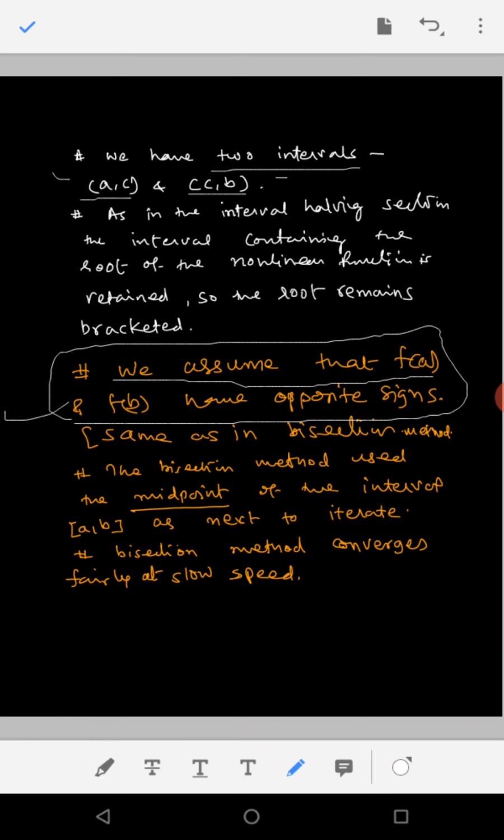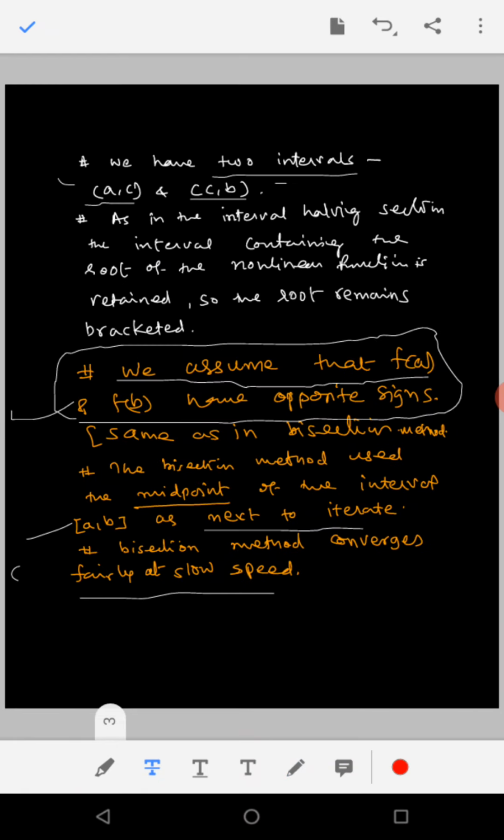The bisection method uses the midpoint of the interval, the value c, for the next iteration. And as I told you, there is a limitation with the bisection method: it converges at a fairly slow speed, and that is the reason we now discuss this method.